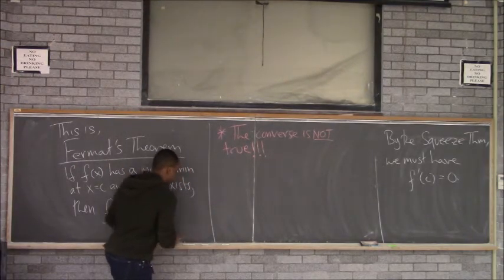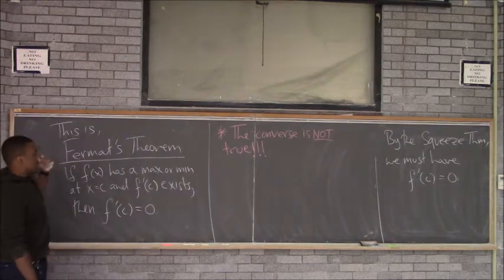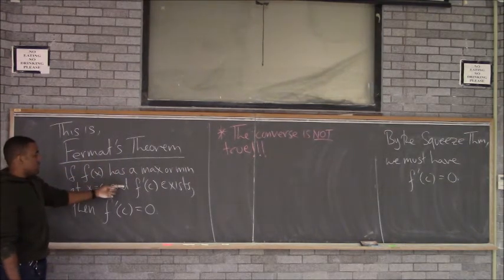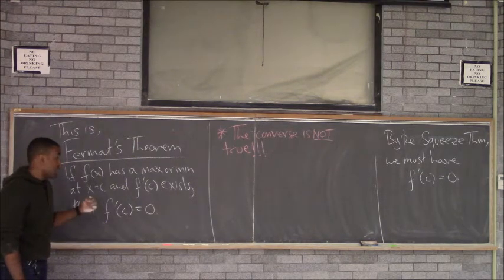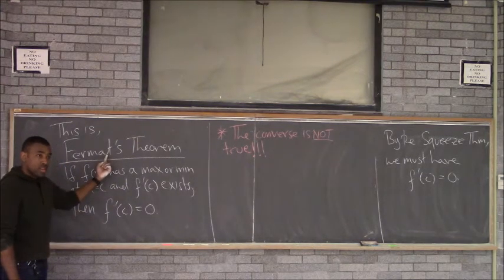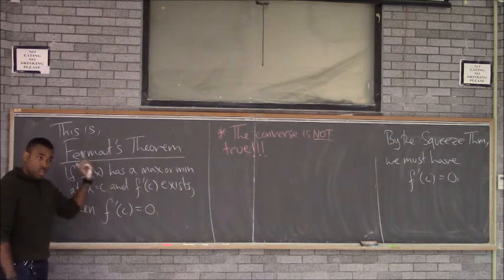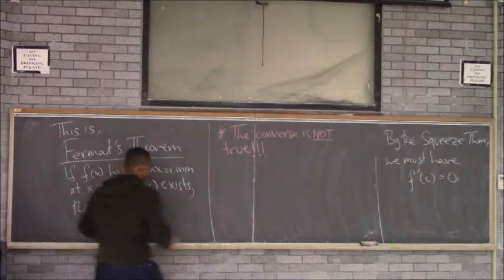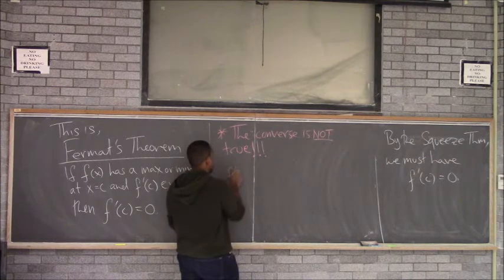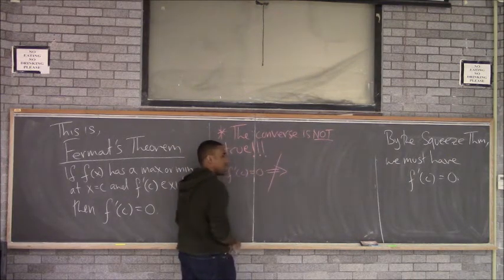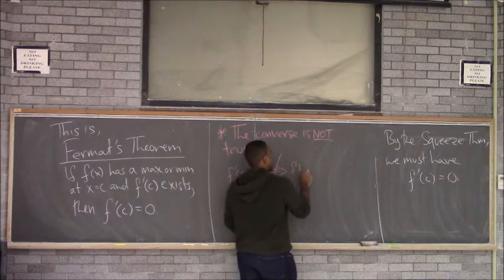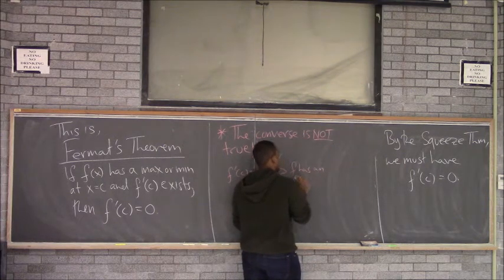Right? So this says, if there is a max and the derivative is there, then the derivative is 0. It is not true that if you know the derivative is 0, it means there's a max. It does not work the other way. So this is to say, if f prime of c equals 0, it does not mean that f has a max, f has an extremum.